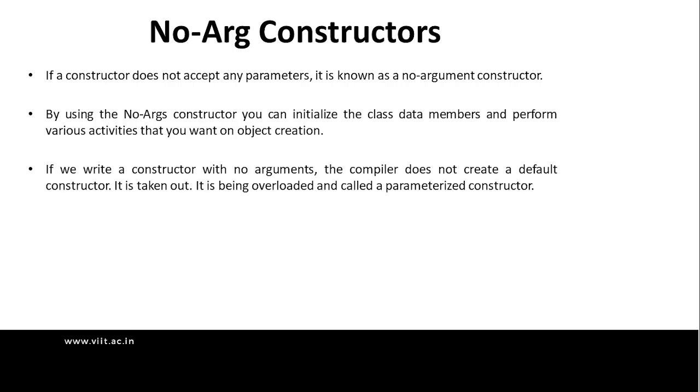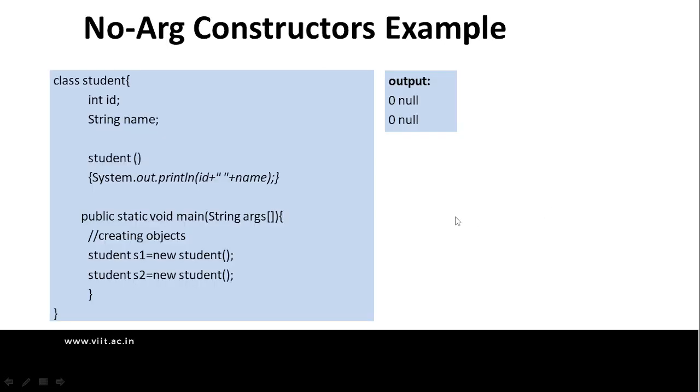If we create a constructor with no arguments, the compiler does not create a default constructor. No argument constructor example: student with id, name, system out println id is name.